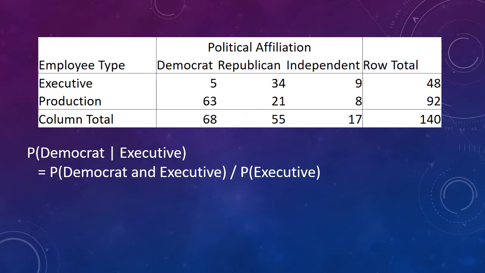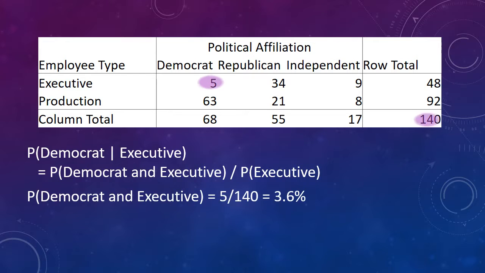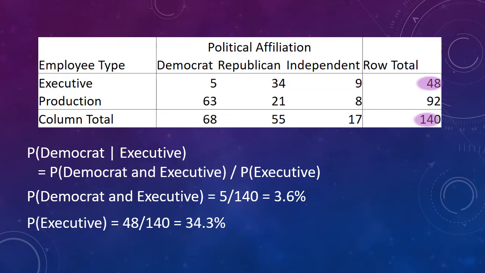Well, the probability that the employee is a Democrat and an executive is 5 out of 140, that's 3.6%. And the probability that an employee is an executive is 48 out of 140, that's 34.3%. So we take the 3.6% and divide by 34.3%, and we get 10%, which is what we found before.